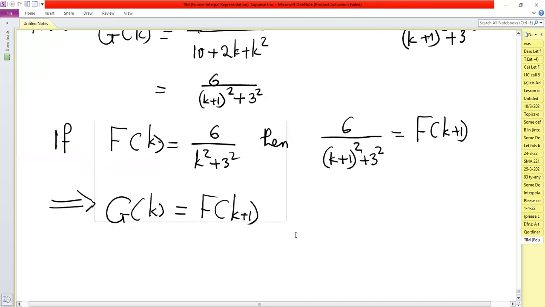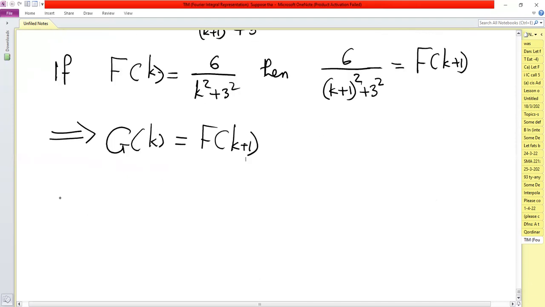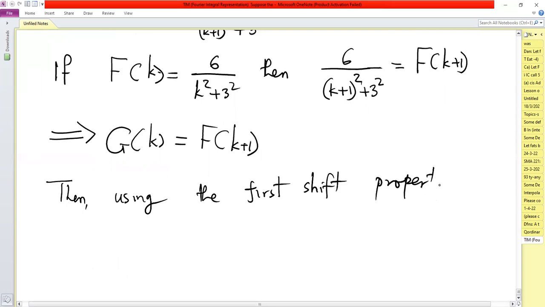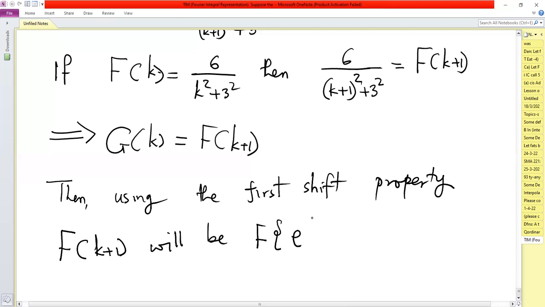and therefore, using the first shift property, f of k plus 1 will be the Fourier transform of the function e raised to the power negative it multiplied by f of t, i.e. the required function.